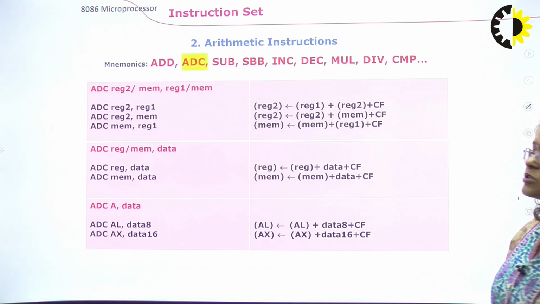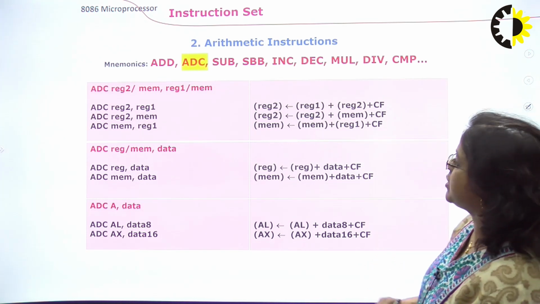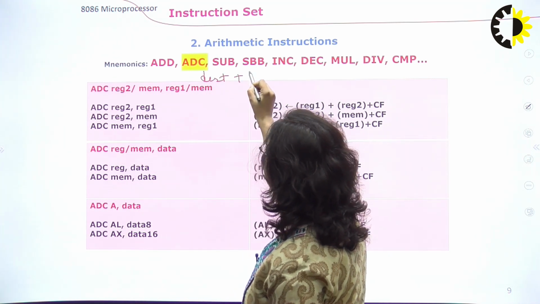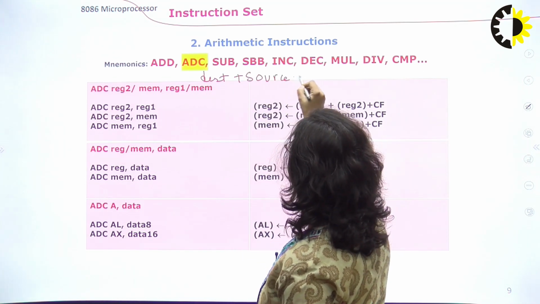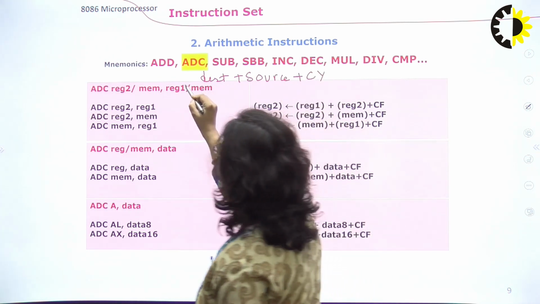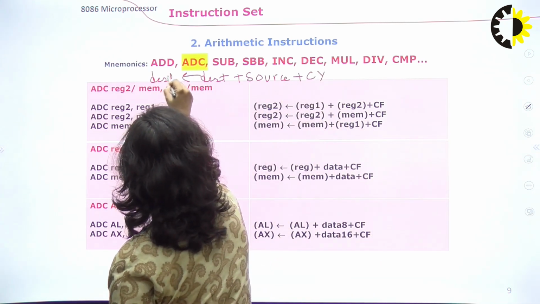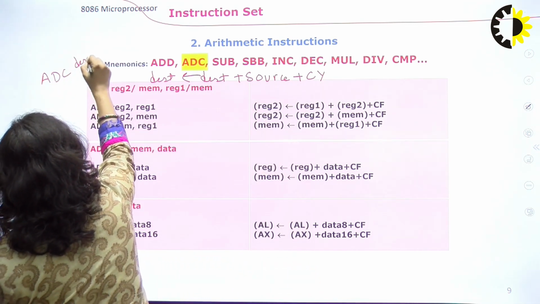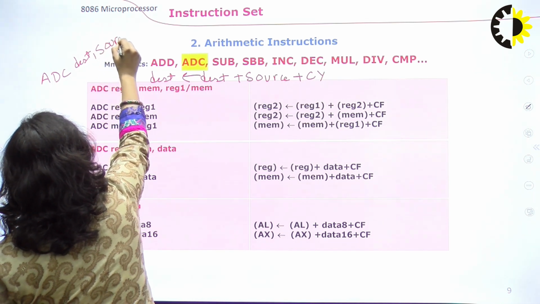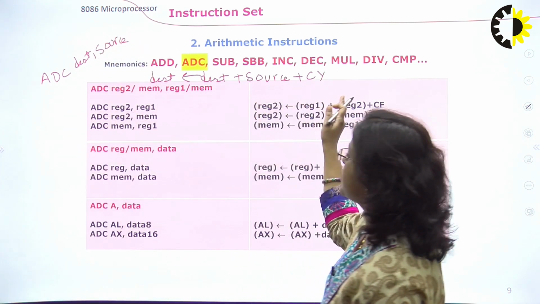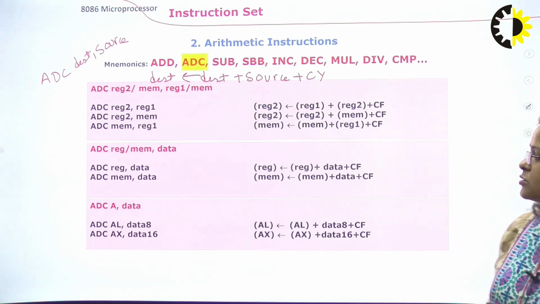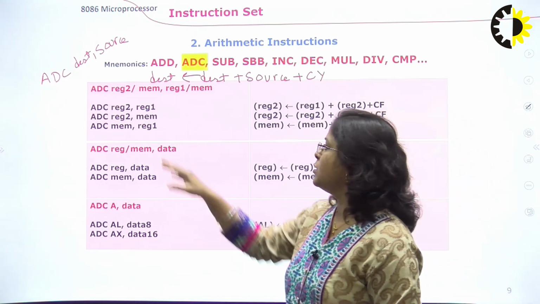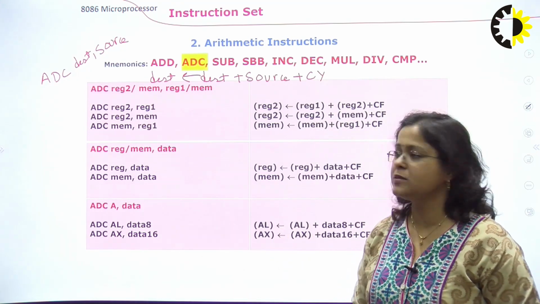The next is add with carry, ADC. It is similar to ADD, but it adds destination plus source plus the carry flag and copies the result to the destination location. We write ADC destination comma source. Again the same logic works here: both operands should be of the same size.